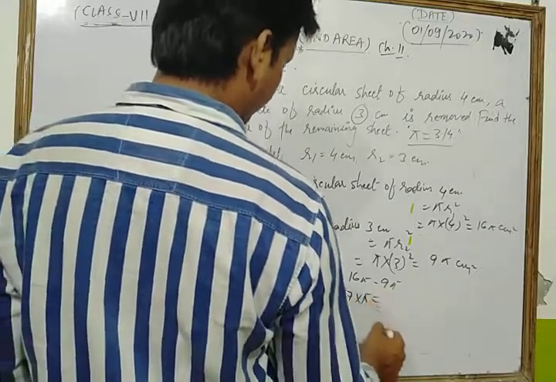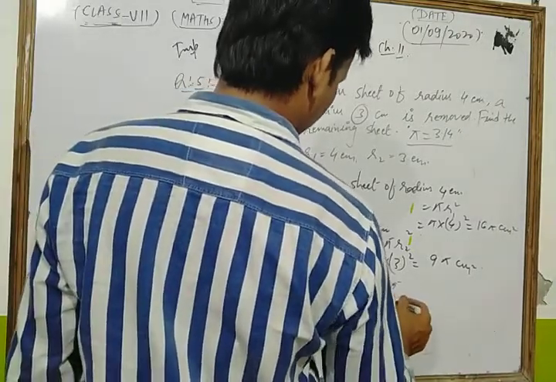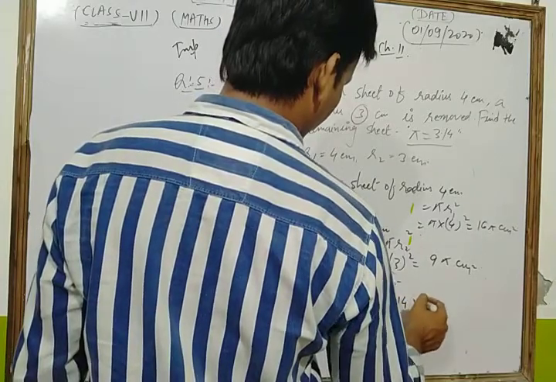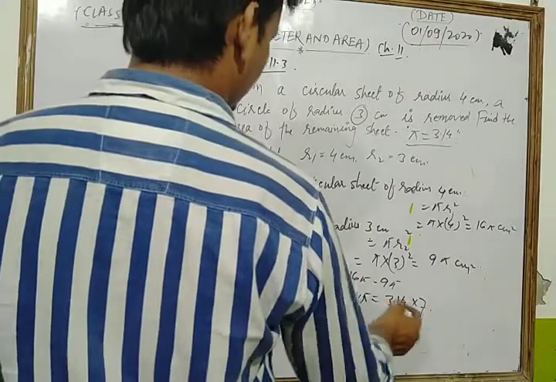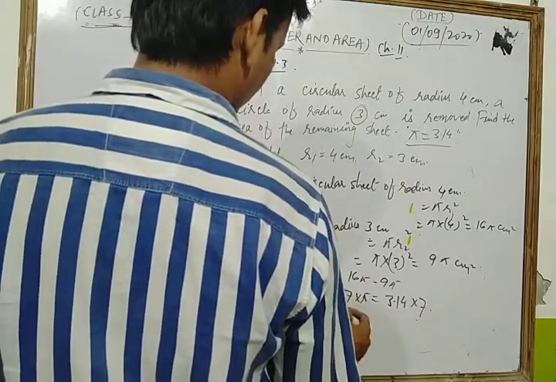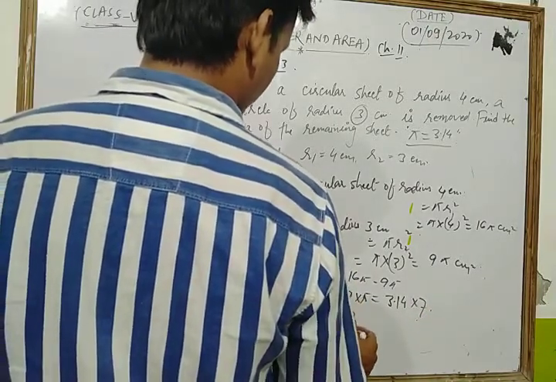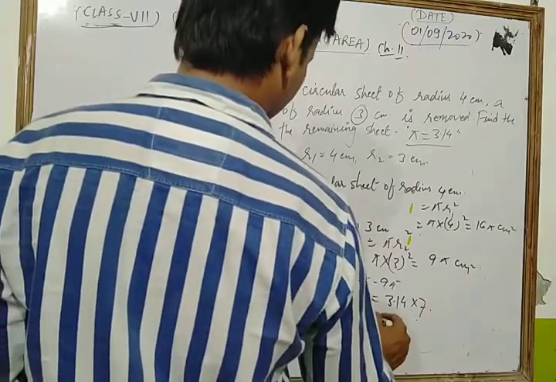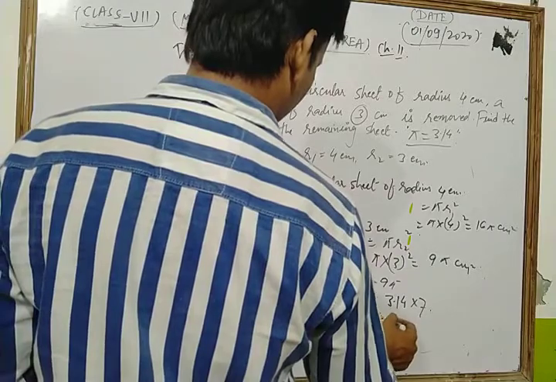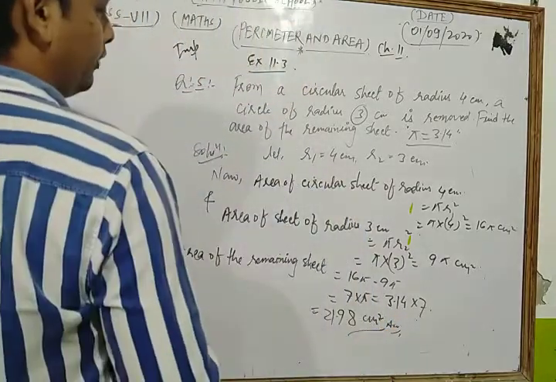Now we put the value of pi as 3.14 into 7. After multiplying we get 21.98 centimeter square. So dear student, this is our final answer.